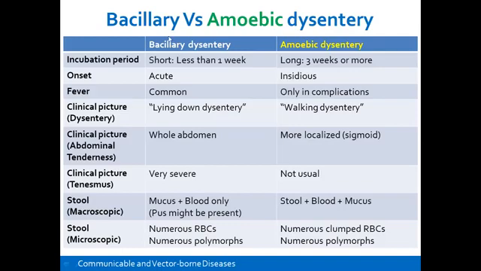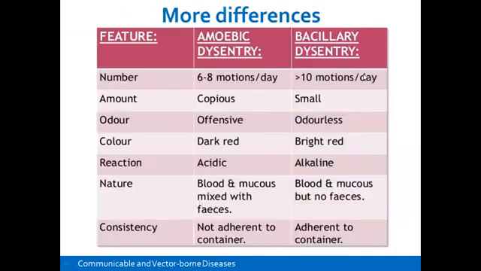Also, you can add that bacillary dysentery is caused by a bacteria of the Shigella species, and then amoebic dysentery is caused by the protozoa Entamoeba histolytica. You can have more differences, like the number of motions you might have in a day. Amoebic dysentery, which is more severe, has more than 10.